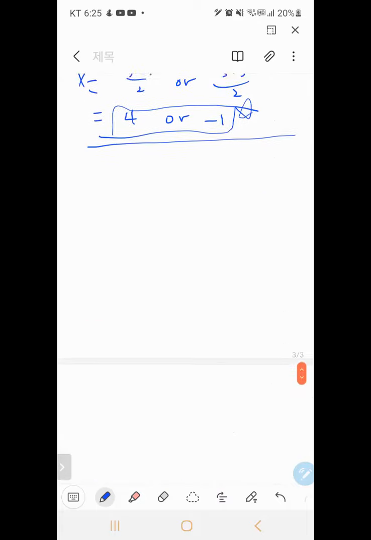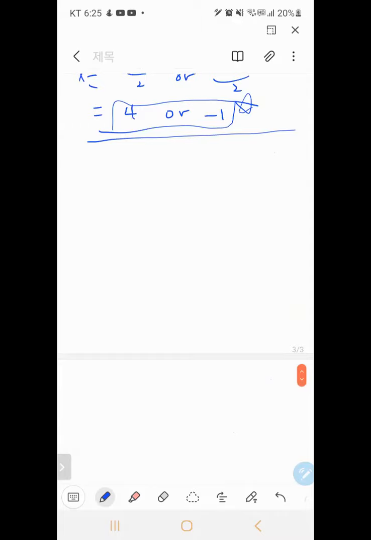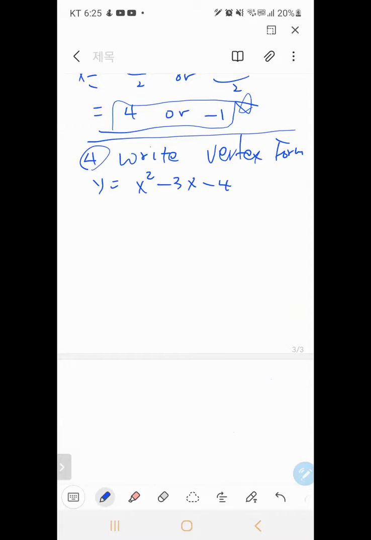Okay, now let me show you how to find the vertex. We want to rewrite the equation in vertex form. To find the vertex form, you want to find the vertex first. The equation was x squared minus 3x minus 4. Solving for x means solving for the x value where y is 0, but here you're not solving for x, you're writing the equation in vertex form.